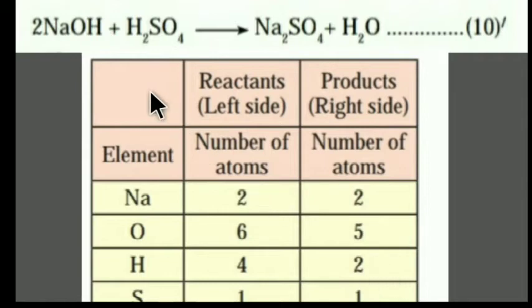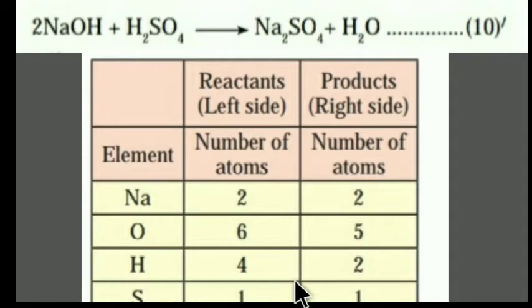Then what about sulfur? Here the number of sulfur atoms is 1, and here also 1. So there is an imbalance in the number of oxygen and hydrogen seen in this reaction. So we can first balance the hydrogen number.